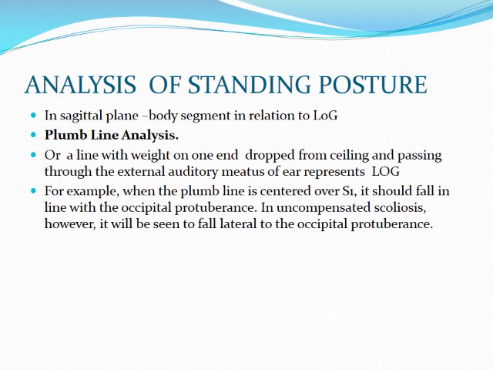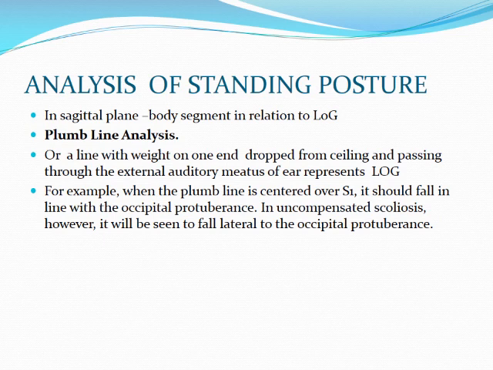Plumb line analysis is a way used in observational analysis, wherein we draw a line or suspend a weight dropped at one end from the ceiling and passing through the external auditory meatus of the ear that represents the line of gravity. Used in postural analysis, it also serves as a visual comparison to the line of gravity.